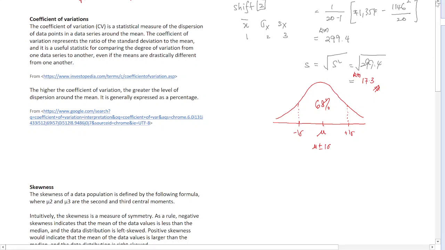Salah. Sekejap, saya punya screen tak naik lah pula. Tak tahu siapa. Hold on. Why is it tak naik? Hold on.